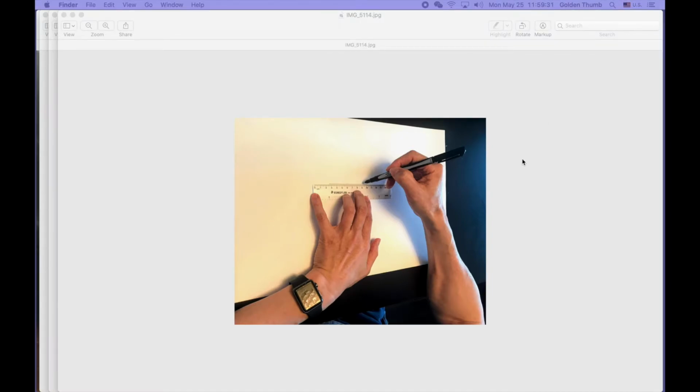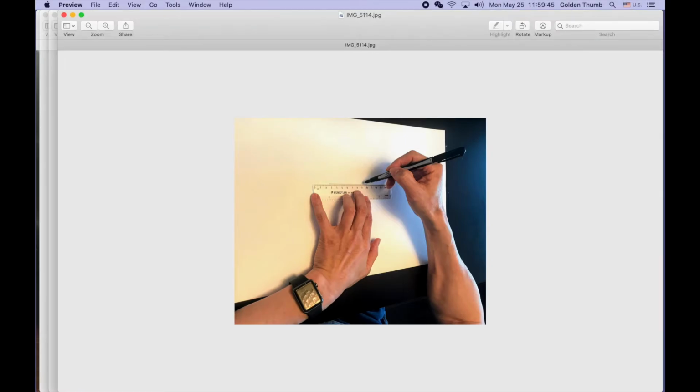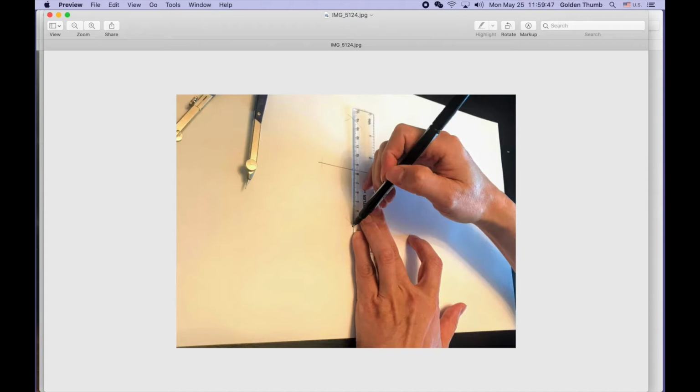This is for horizontal lines. What about the vertical lines? How do you put your straight edge? The correct way is, guess. It's like that. Very important, right?